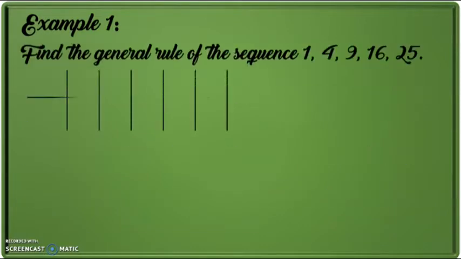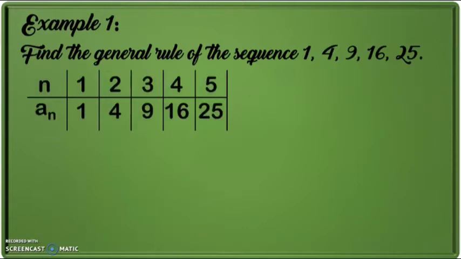Find the general rule of the sequence 1, 4, 9, 16, and 25. The first term is 1. The second term is 4. Next is 9, followed by 16 and 25.